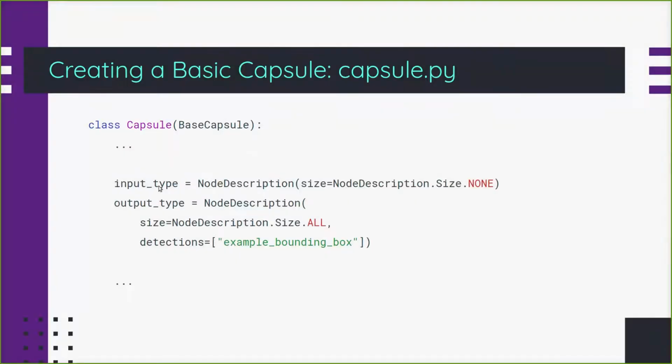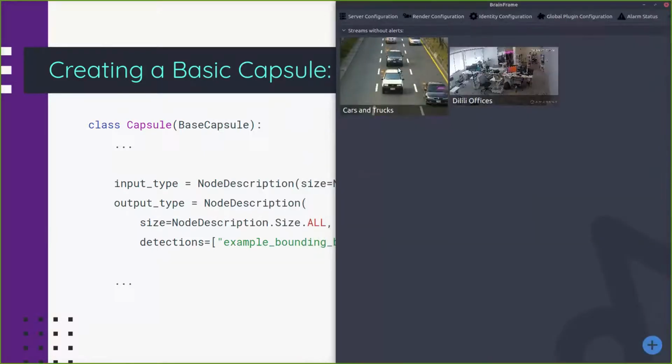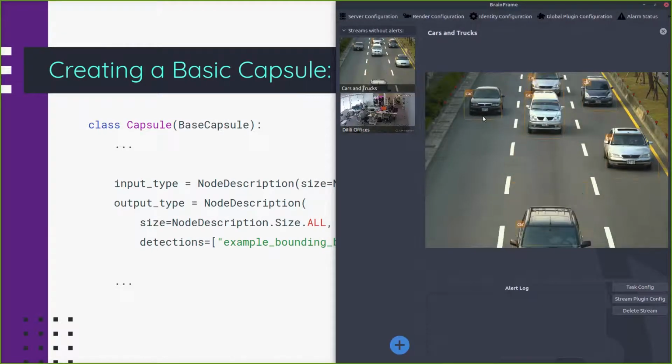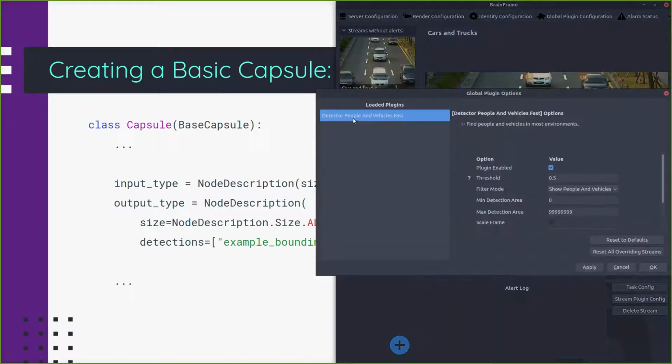Then we get into the more interesting side of things. BrainFrame is capable of connecting different capsules. And by that I mean, I gave this example earlier, but again, let's say you have these cars being detected, and you have a capsule that can output vehicle detections.